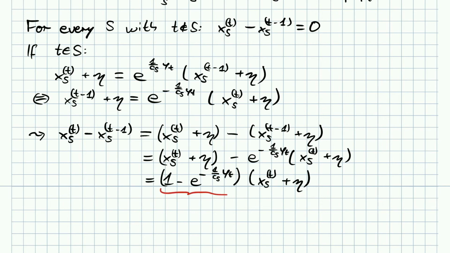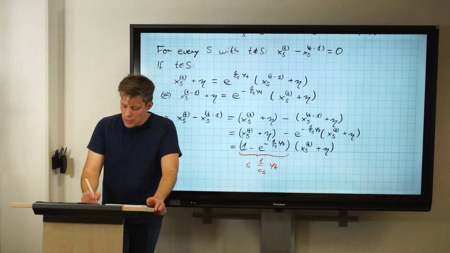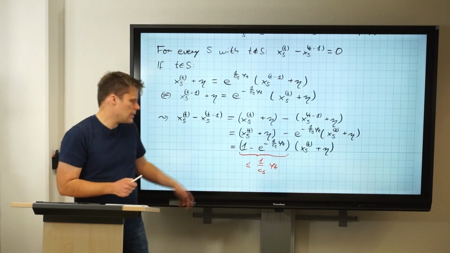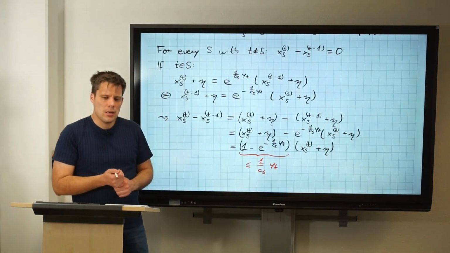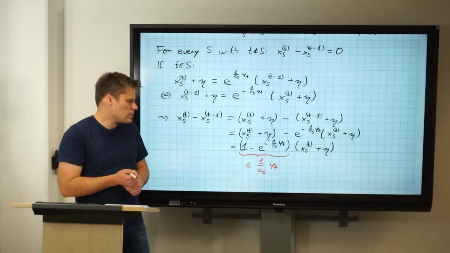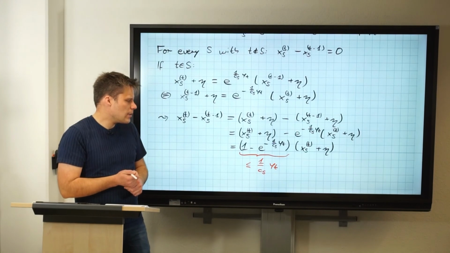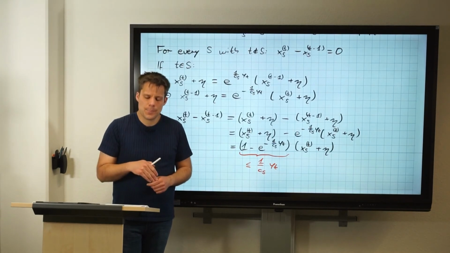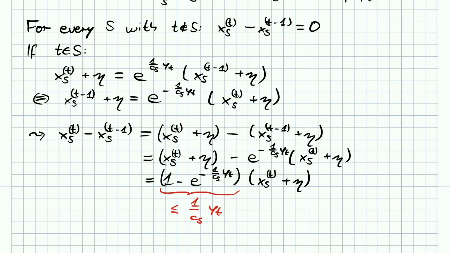Now this here is nothing spectacular. We can just use that this is at most 1 over cs times yt. This is just a standard formula coming from the concavity or convexity of this function, so eventually it's just the convexity of the exponential function that we're using here, or the concavity of 1 minus e to the negative x. Good, so there's nothing really spectacular about this step.